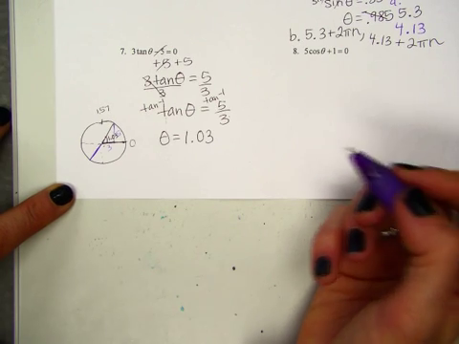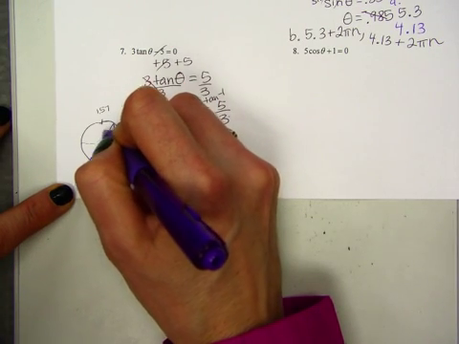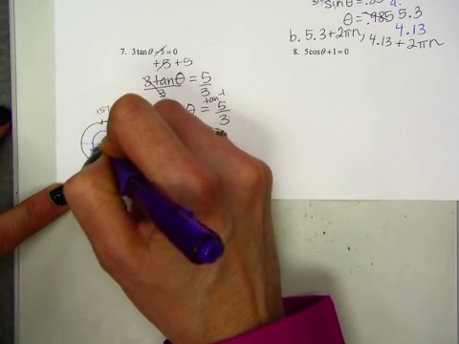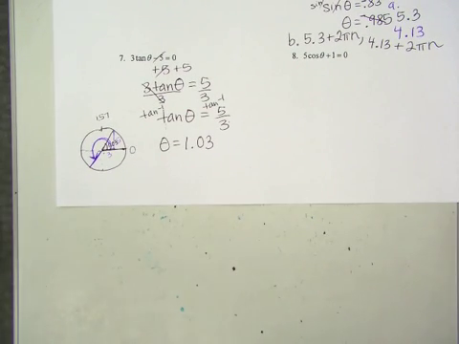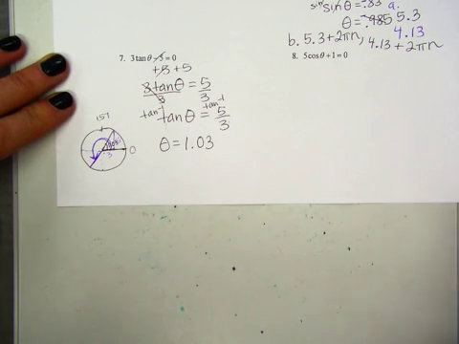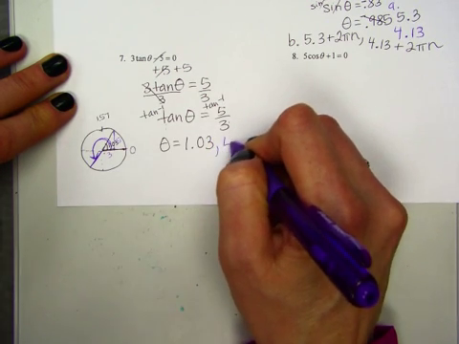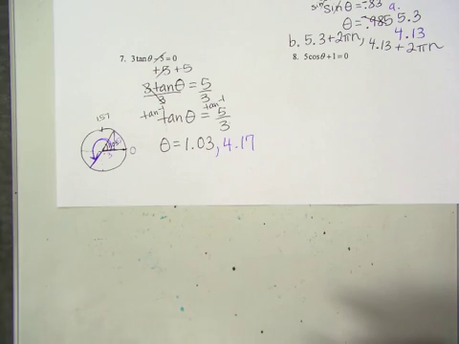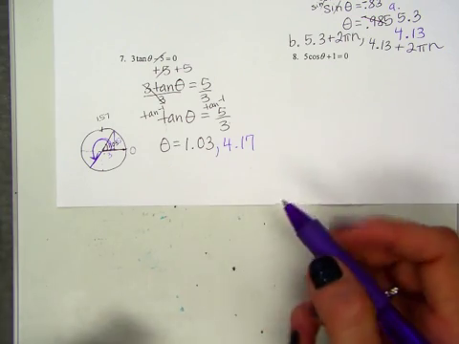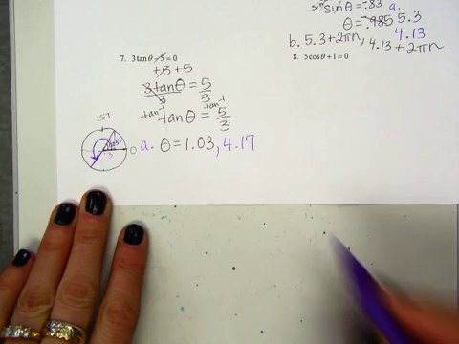And so if we half turn from this angle, see if you can figure out the name of that other angle. What do you think the name is? 4.17? Okay.